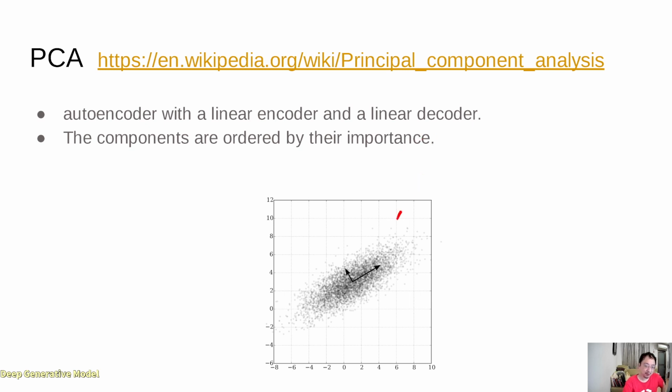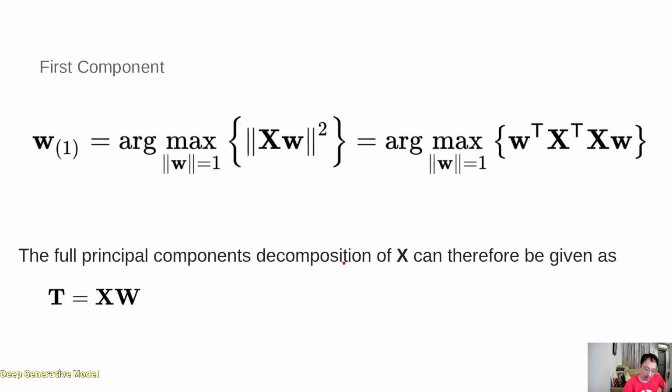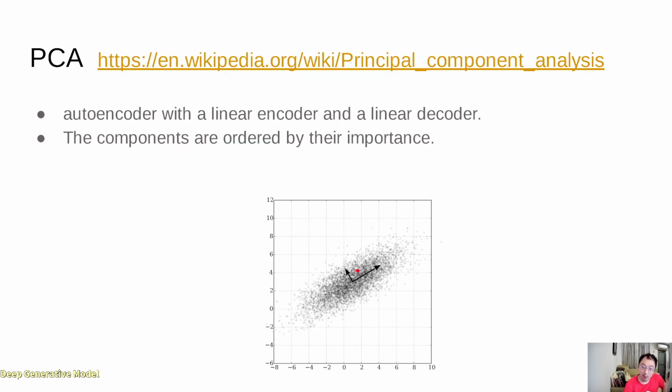So what does importance mean? Consider this kind of distribution. We generally consider the longer direction to be the important one, and the shorter one is less important. And you can see that these two are orthogonal. You can prove that every component of PCA is orthogonal.